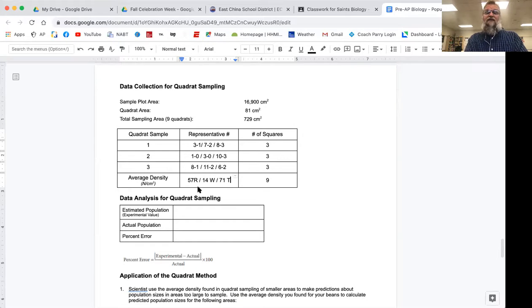So to get the density for the 9 squares, I'm going to divide these numbers by 729. Let me try to take a picture of this and see if it'll let me use it.